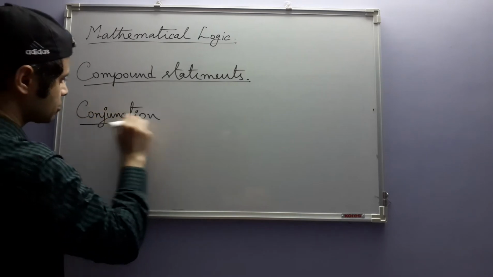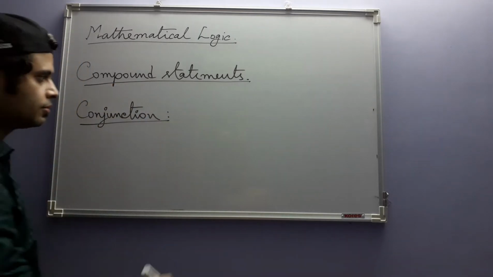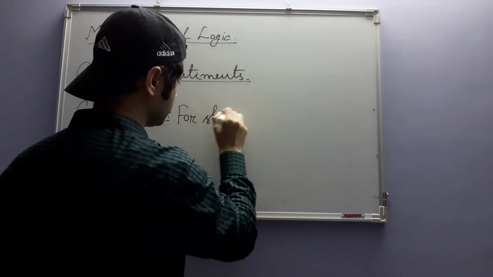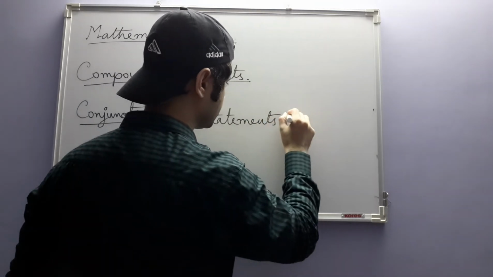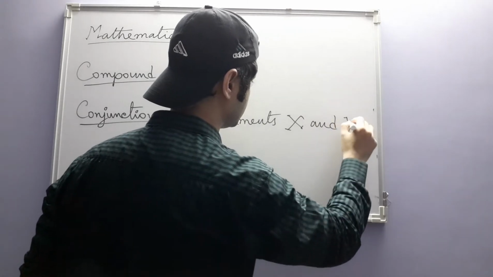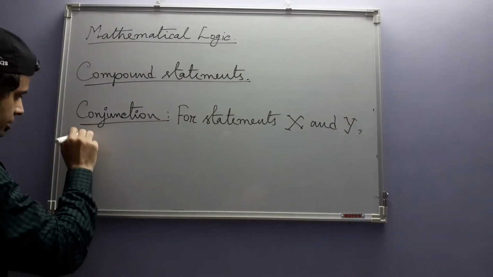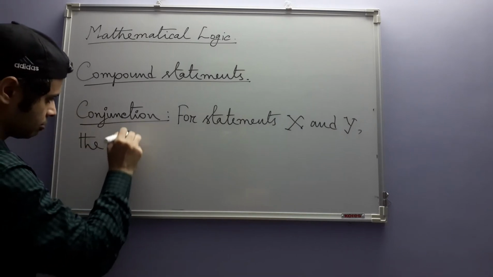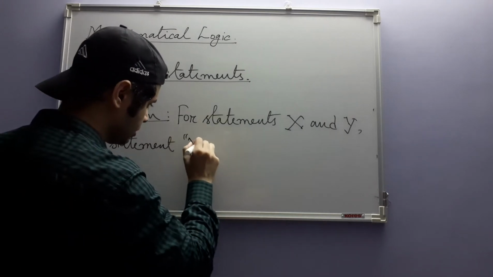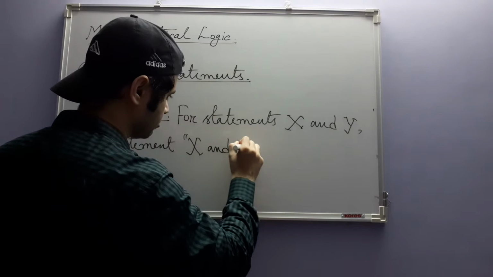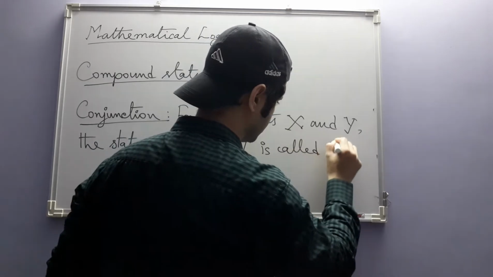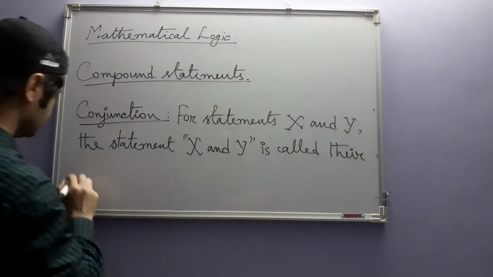The first one is conjunction. For statements x and y, the statement x and y is called their conjunction.